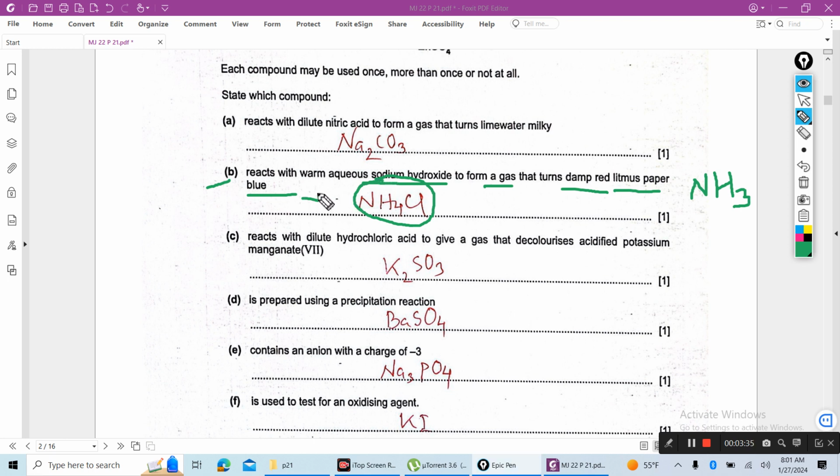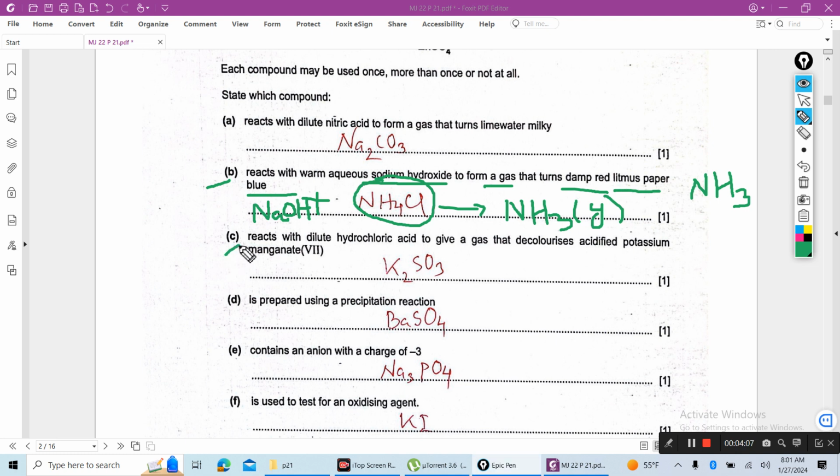If you add sodium hydroxide, I mean any alkali, salt plus ammonia plus water will be produced. This ammonia gas is alkaline, so it turns damp red litmus paper to blue.